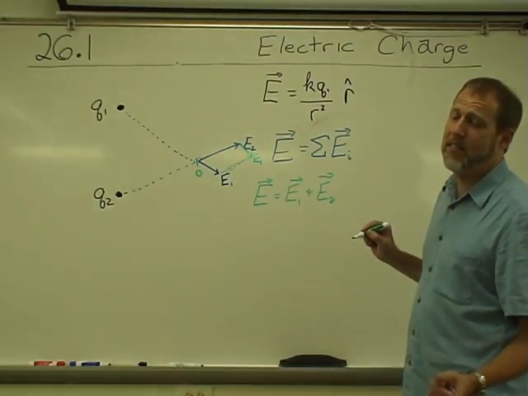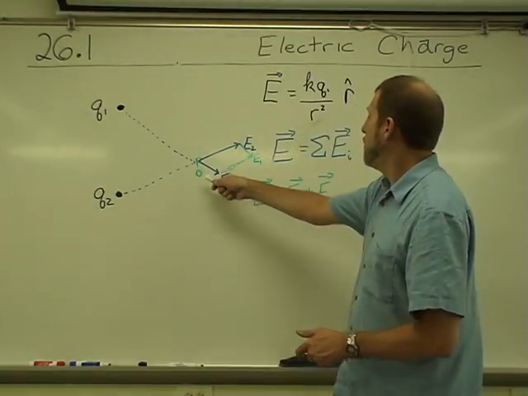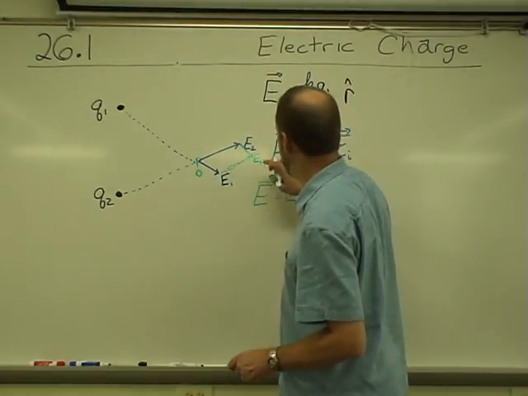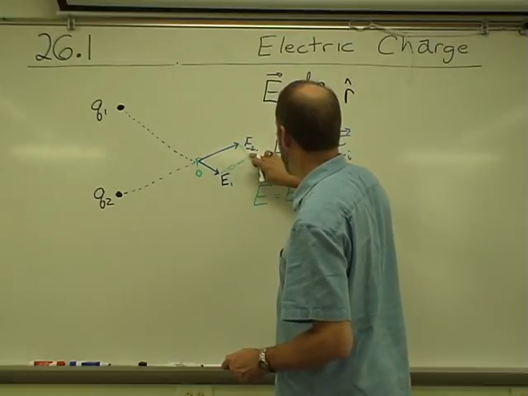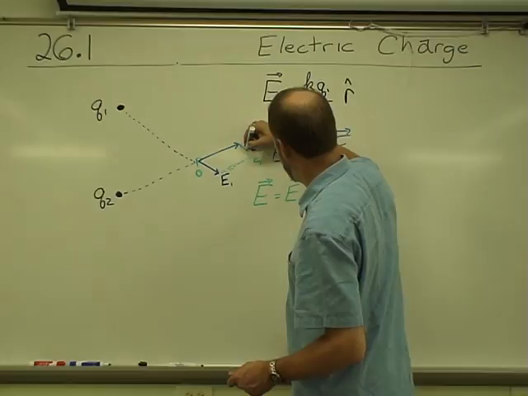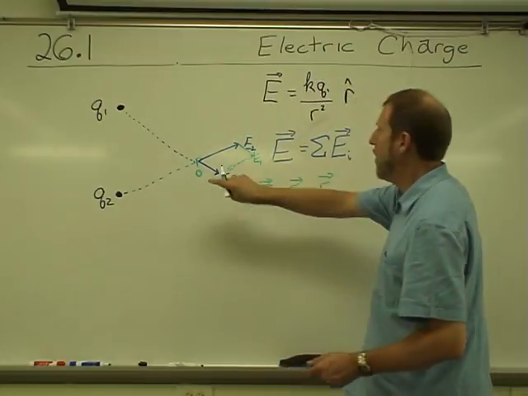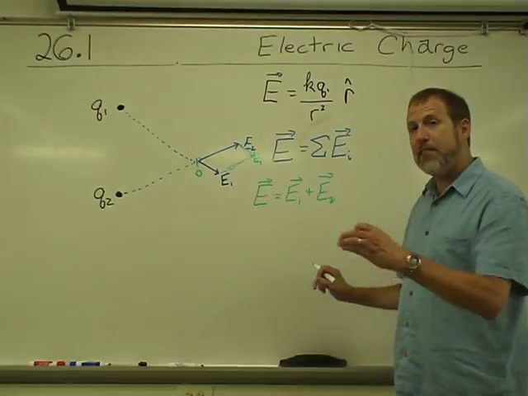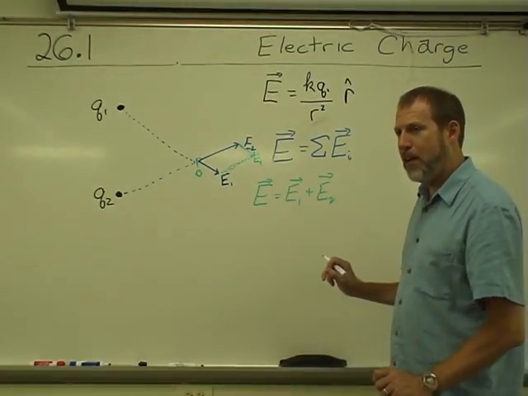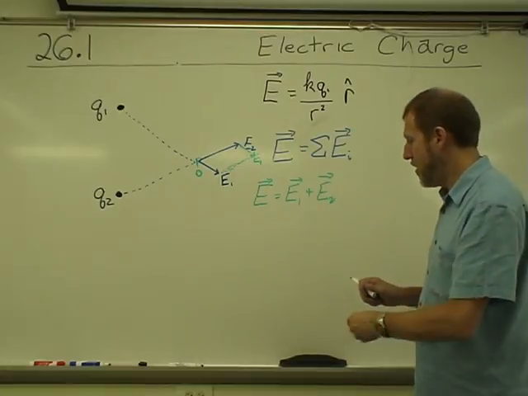E1 plus E2 is the same thing as E2 plus E1. Both of these vectors, well, barring my ability to draw parallels, if those two vectors have the same length and are pointing in the same direction, they are the same vector, period.